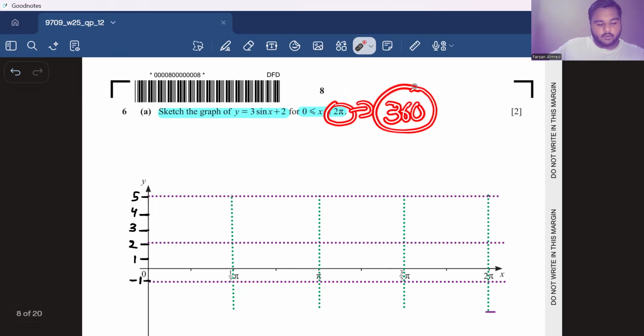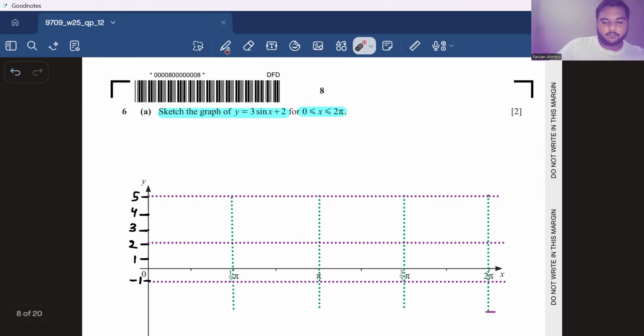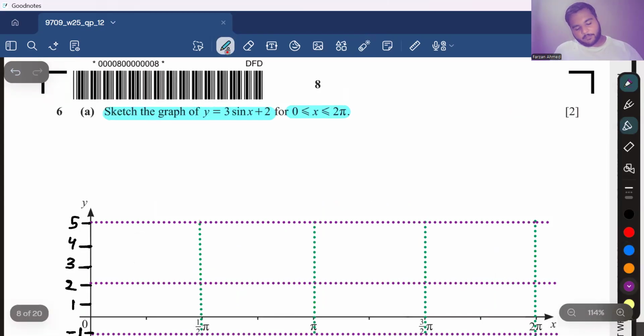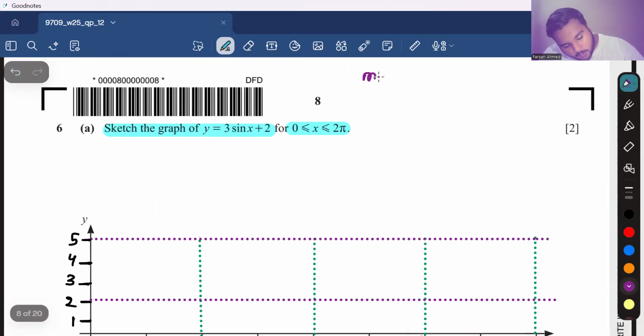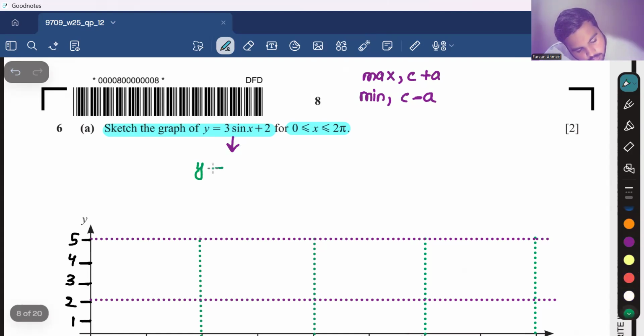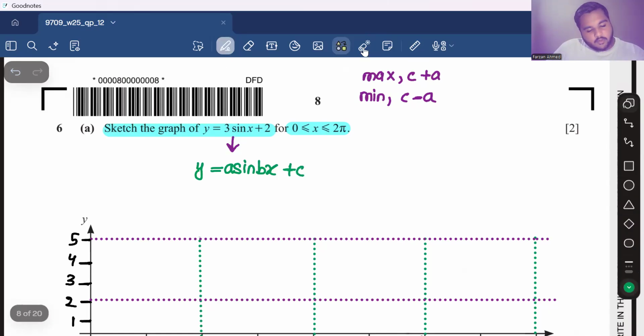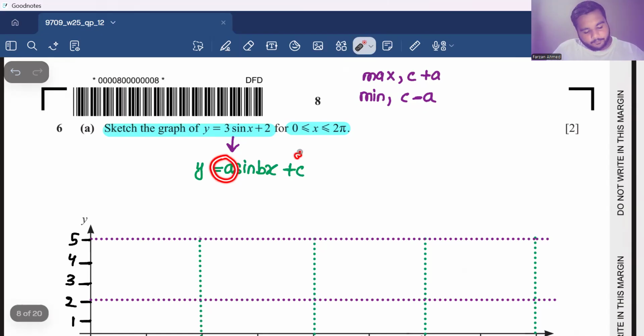For this, we have to know the maximum and minimum points. I tell the students the maximum point is c plus a and the minimum point is c minus a. First of all, you have to remember the form y equals a sine bx plus c. So it will be easy to find the values of a and c.